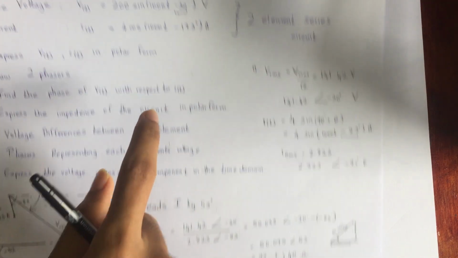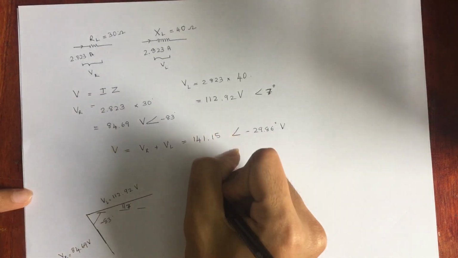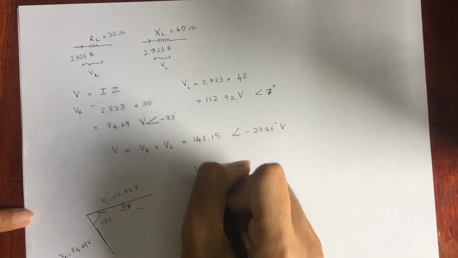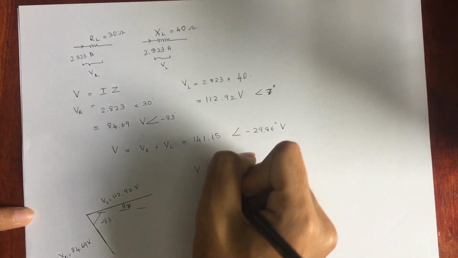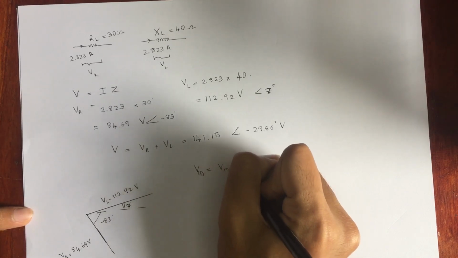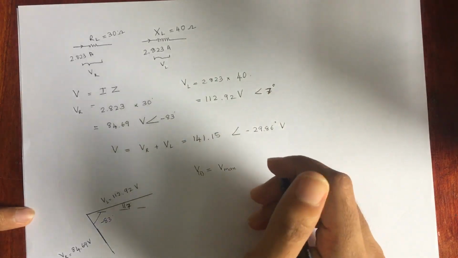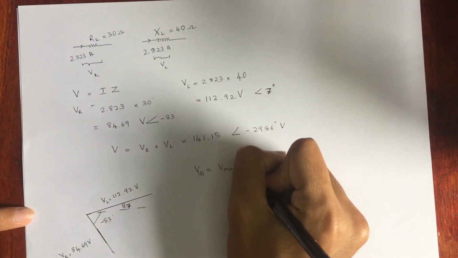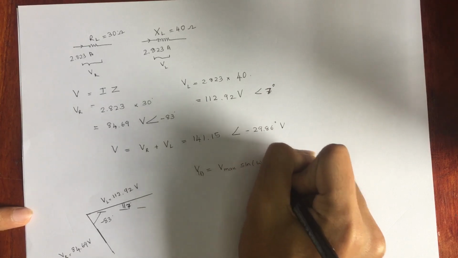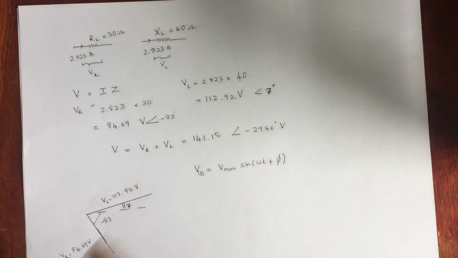We are going to change it to the time domain. When considering the time domain, we know the equation is v(t) equals V maximum sine omega t plus initial angle. This is the equation. We need to substitute the values.